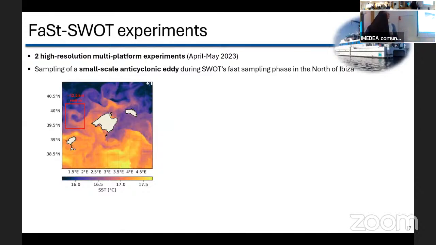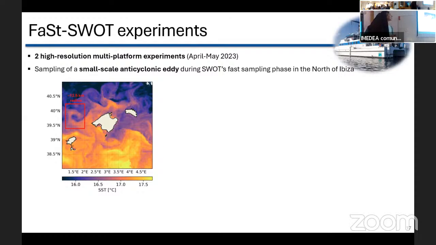So in this framework, we did 2 oceanographic campaigns in April and May of 2023 in the Balearic Sea to assess SWOT's performance in this area. We didn't decide the area of sampling until a few days before the first planned experiment, because we wanted a structure small enough to compare with SWOT and with our in-situ data, and to see how it was performing.